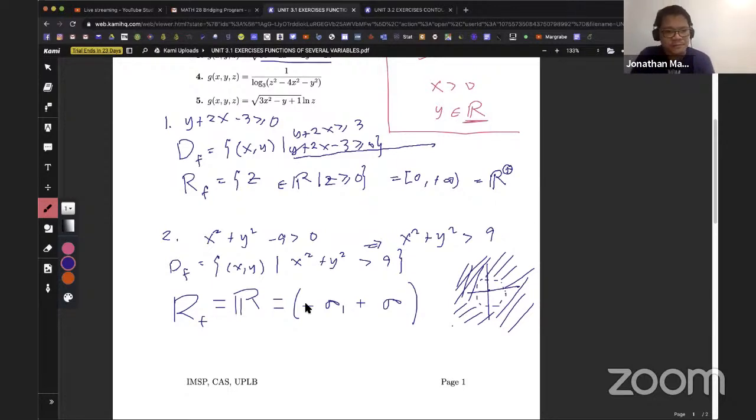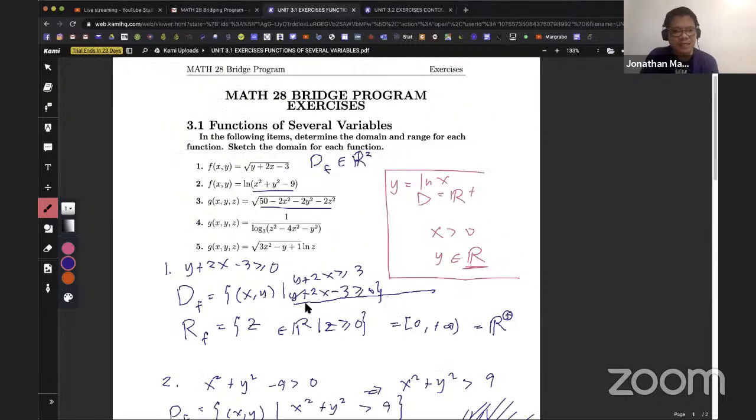So lagi nyo lang titingnan ano yung magiging basis function ko in order to determine the domain of the function. Lagi nyo lang babalikan yung mga basic functions that you have encountered before: polynomial function, rational function, square root function, yung mga transcendental functions ninyo, logarithmic function, exponential function, trigonometric function, and inverse trigonometric function.